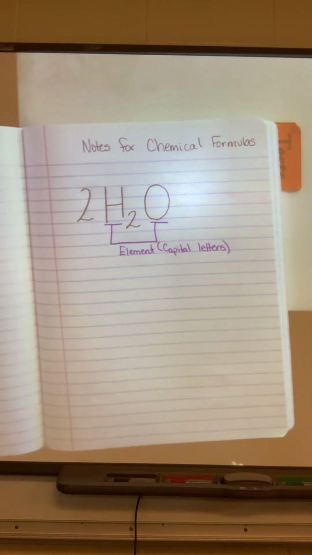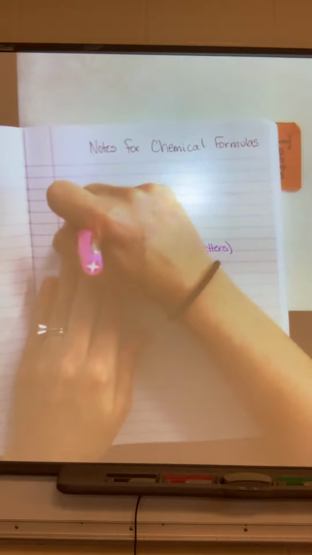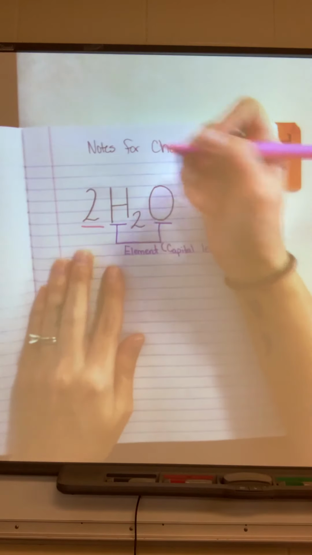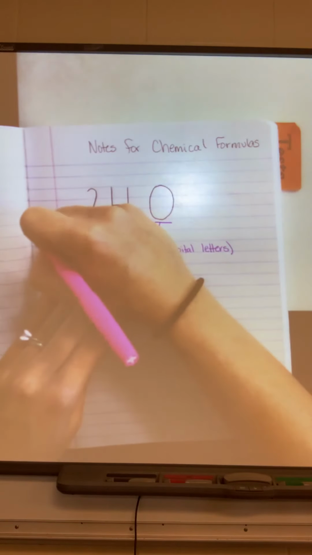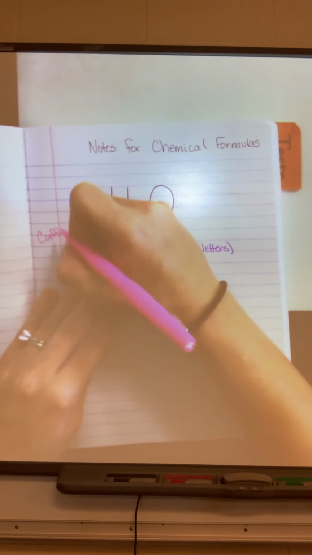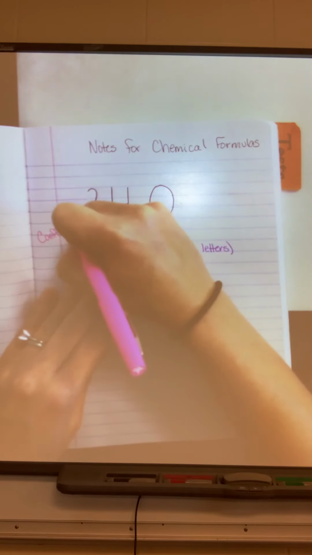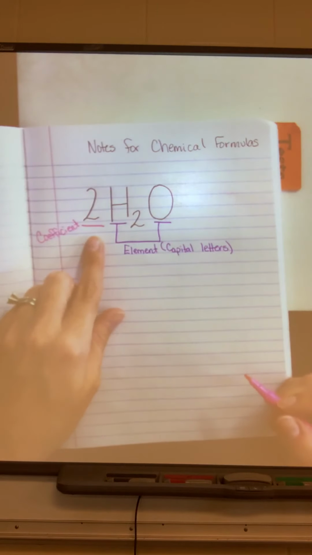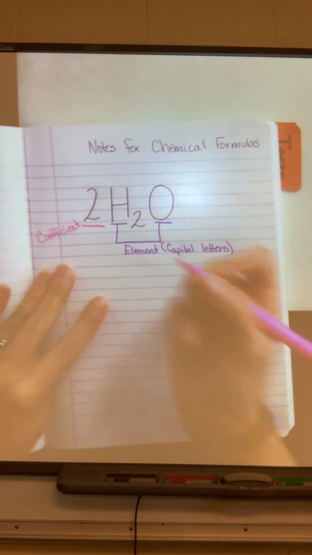Then I've got to look. All right, from there, if I want to know how many water molecules I have, I look at this big number here. This is called a coefficient. Just like in math class, the big number out front is called a coefficient. That tells me the number of molecules.